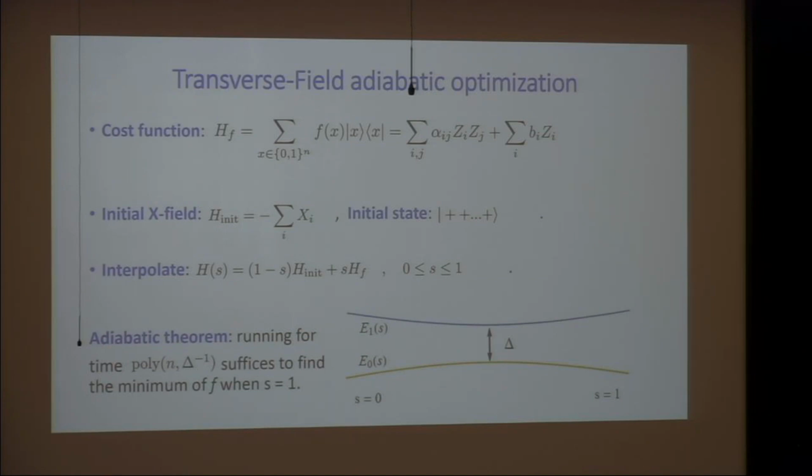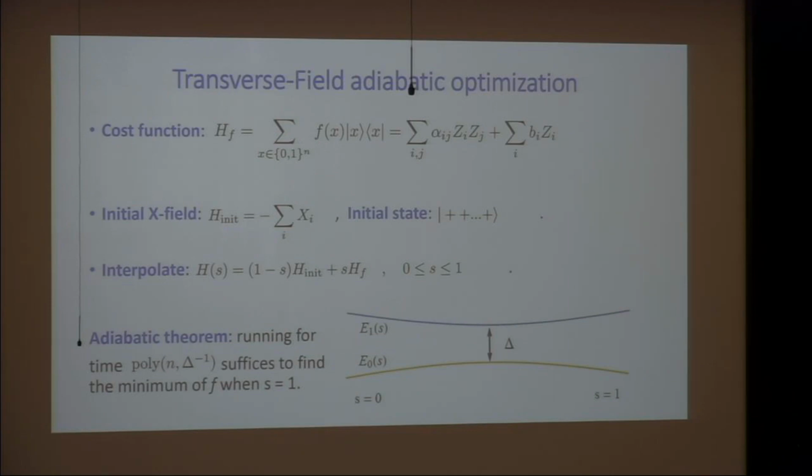If you want to implement this with physical interactions, you might ask that f of x can be expressed locally in terms of, say, Pauli-Z operators. You could encode constraint satisfaction problems like max 2-SAT in a form like this, so that the ground state of H_f corresponds to a bit string that encodes the solution to an NP-complete problem.